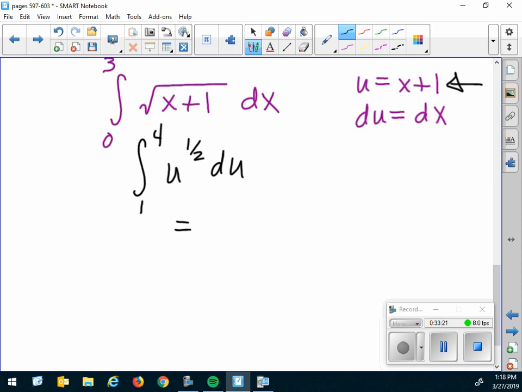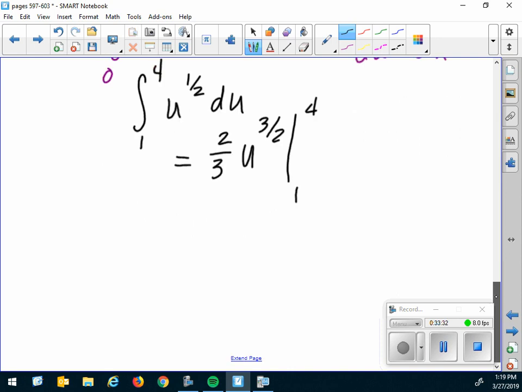The integral of u to the 1/2. So this is 2/3 times 4 to the 3/2 minus 1 to the 3/2.